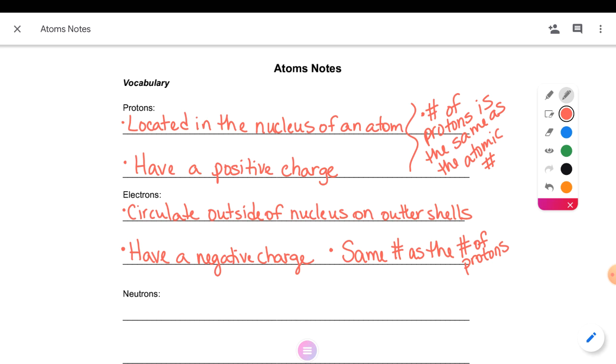Now, you guys will dive a lot deeper into this later in the upper grades. But in general, just thinking about math, think of positive and negative charges going up and down. If there's 5 protons, so it's plus, plus, plus, plus, so it goes up 5, and then there's 5 electrons, minus, minus, minus, minus, what would happen?